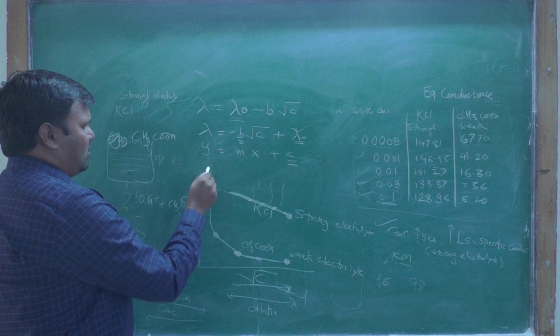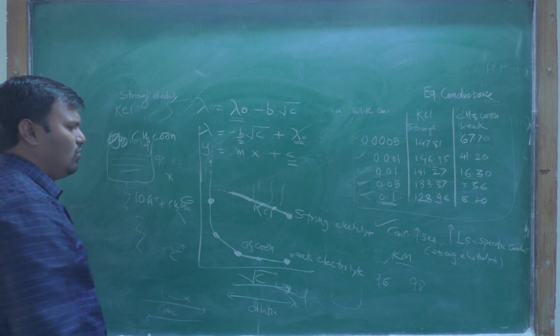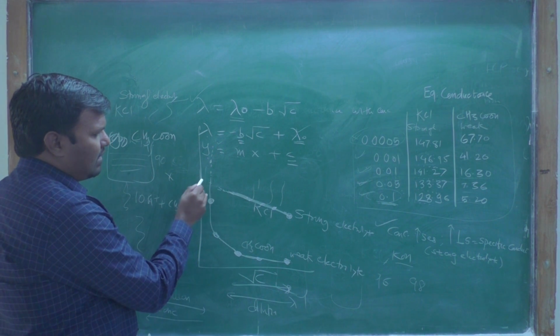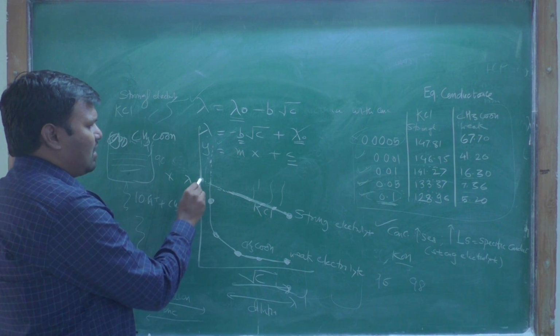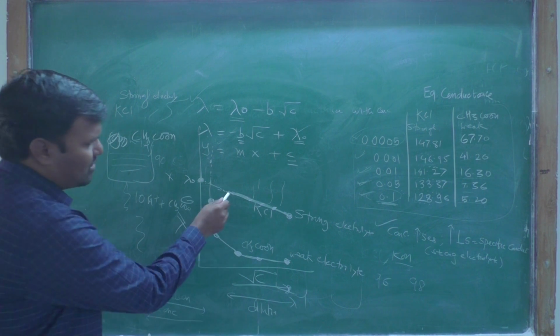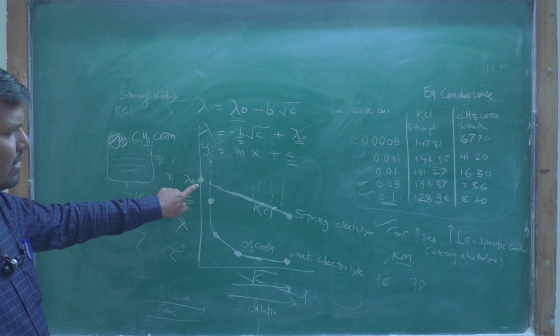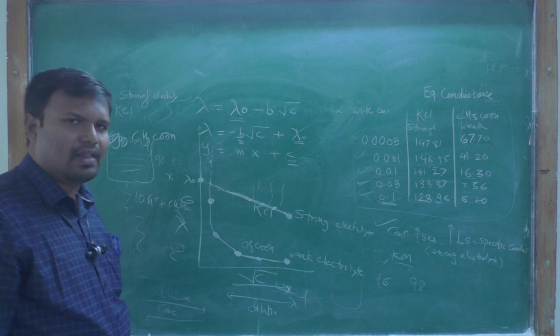It goes on increasing, so a limiting value is not obtained. But for a strong electrolyte, by extrapolating, you obtain a very high lambda at that particular point. That lambda is lambda 0. When you extrapolate this graph, you obtain that point, which is the limiting value of lambda for the strong electrolyte.